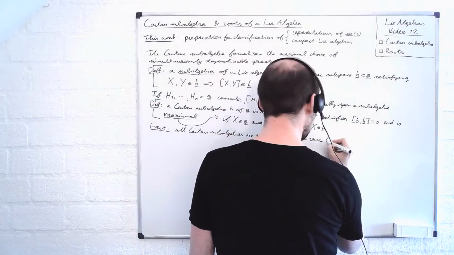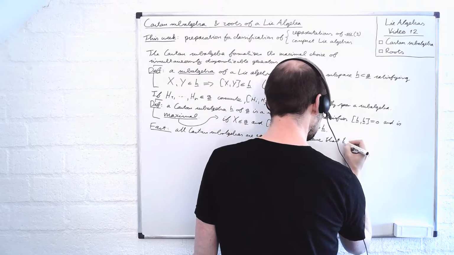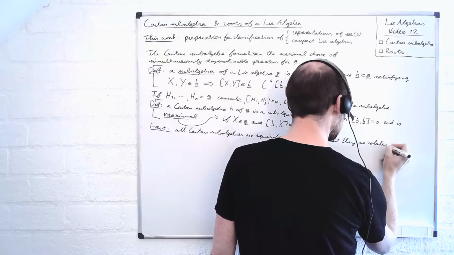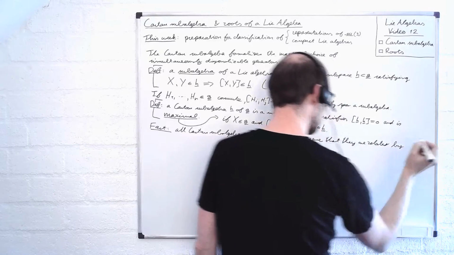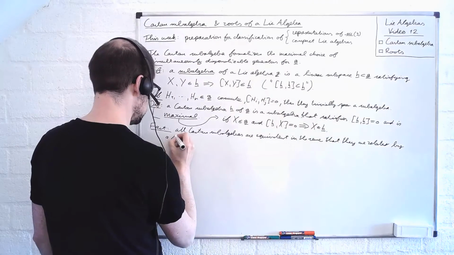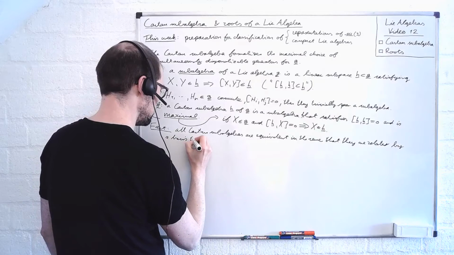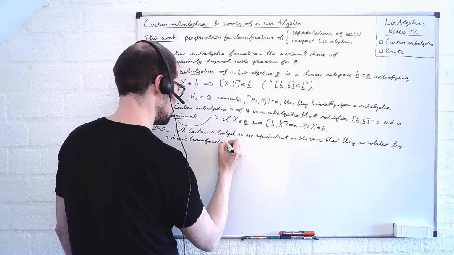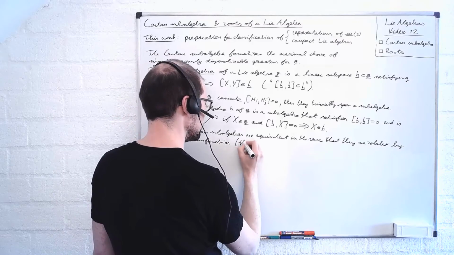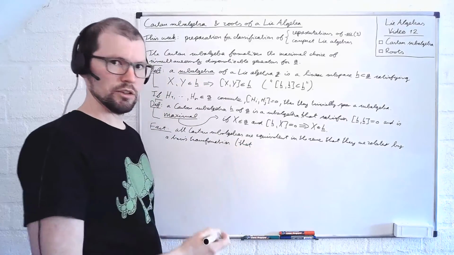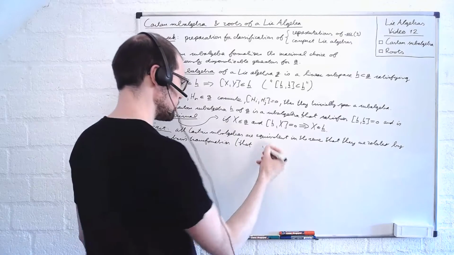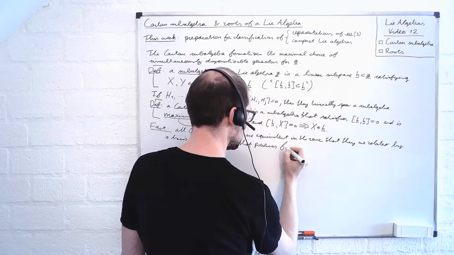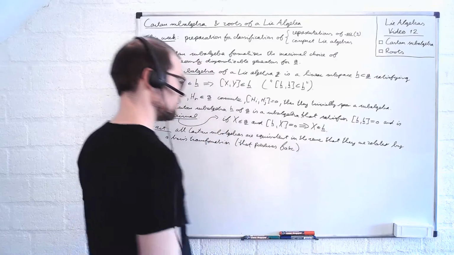In the sense that they are related by a basis transformation that preserves the structure of the Lie algebra, so that preserves the structure constants f^{abc}.